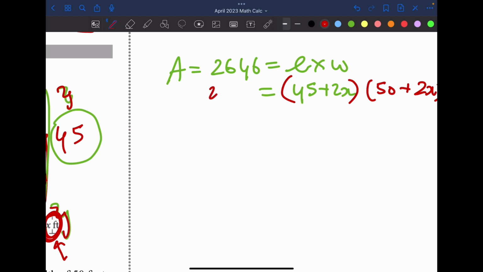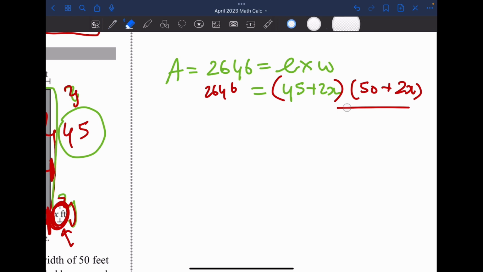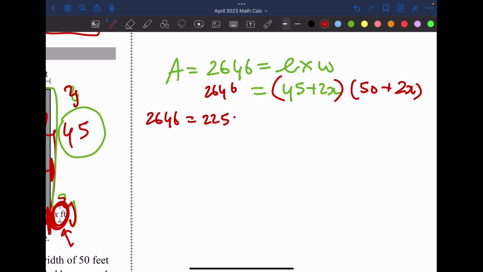We have that 2646 is equal to this stuff. Solve for x. How do you do that? You start expanding. So first you multiply. You're going to get that 2646 is going to be equal to 45 times 50 is 2250. You can use a calculator, but I already know this. And then 45 times 2x is going to be equal to 90x.